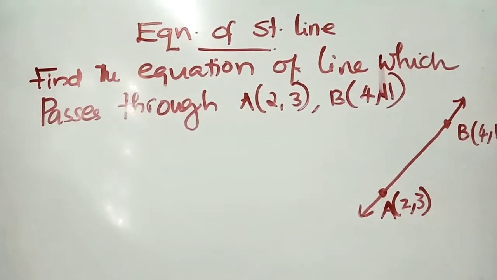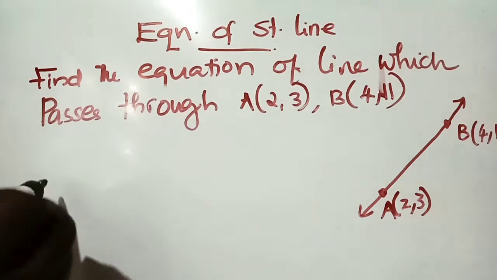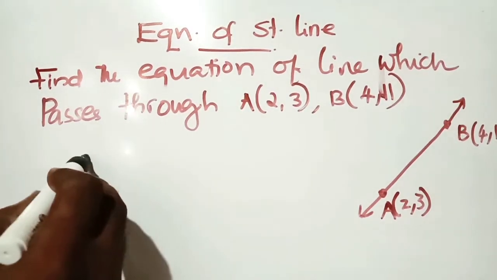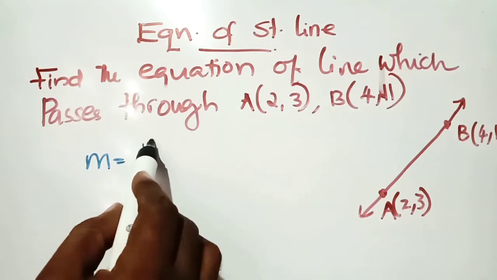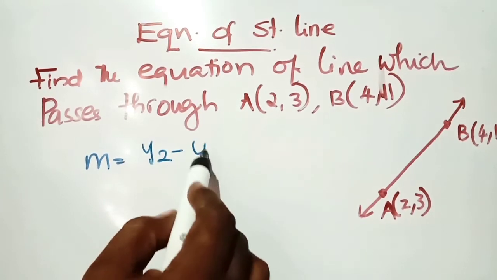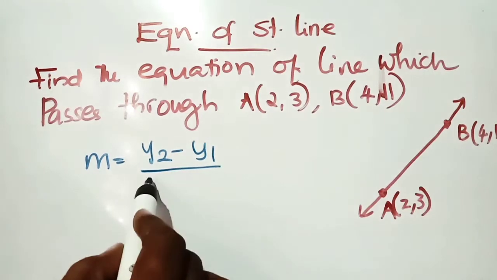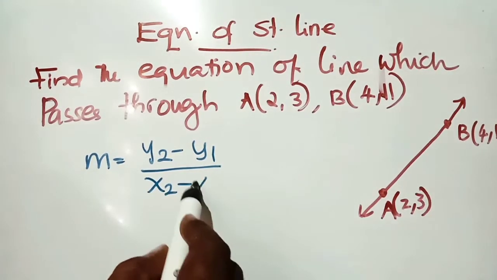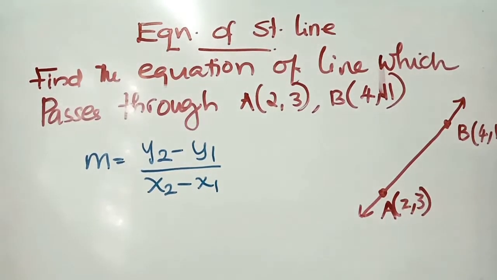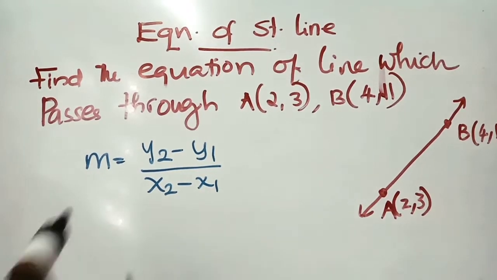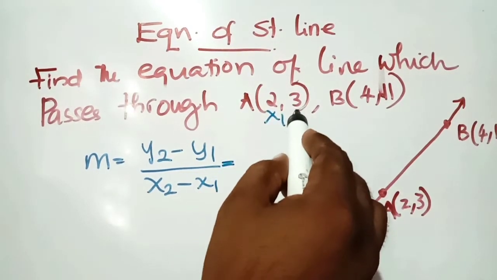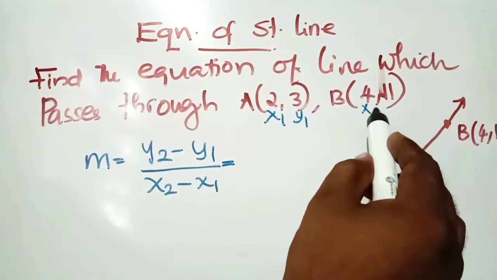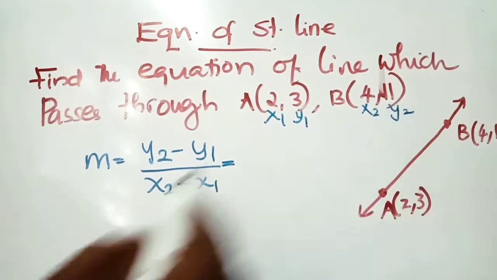In the previous class, we discussed the formula for gradient. What was the formula for gradient? Yes, change in y by change in x: y2 minus y1 divided by x2 minus x1. We can consider this one as x1, y1 and this as x2, y2.